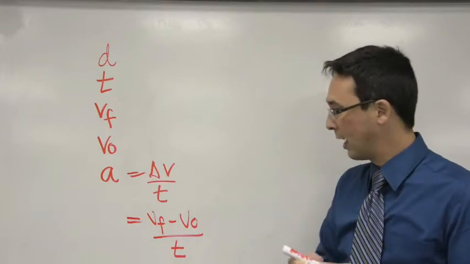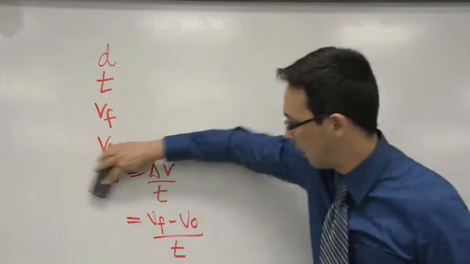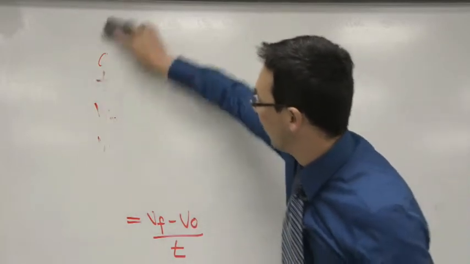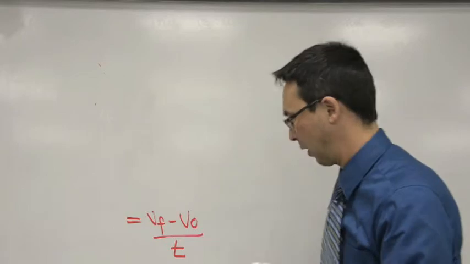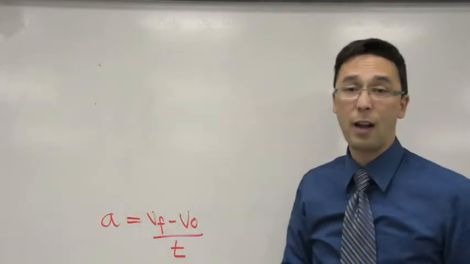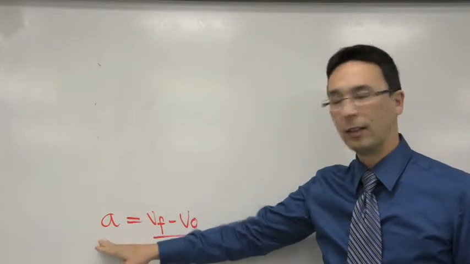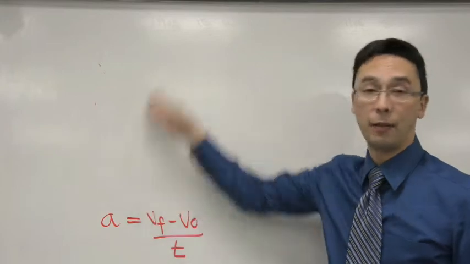So acceleration then is this change in velocity over time, which gives us that equation. There are a few other equations that also use acceleration and deal with all these other variables.